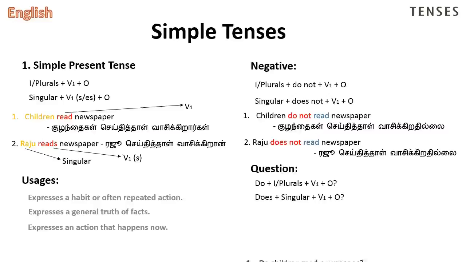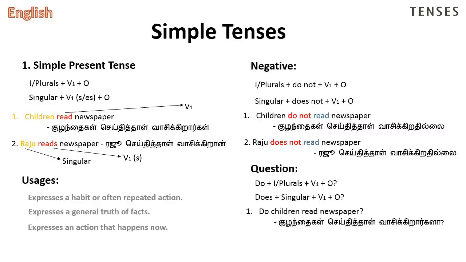Let's see what is the homework. Homework. Make 10 sentences in simple present tense with Tamil translation. Okay? So you have to write 10 simple present sentences and then Tamil translation, like I gave you the examples. Okay? Be very careful.